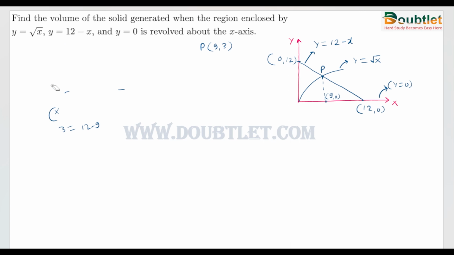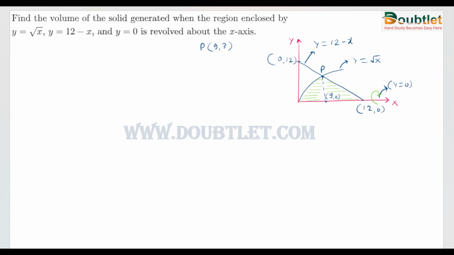Now what we have to do is draw the feasible region. Let me change the color of the pen. So basically this region is the feasible region, and now we have to revolve it around the x-axis.